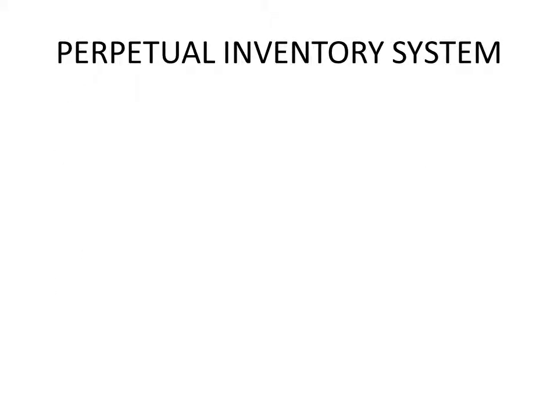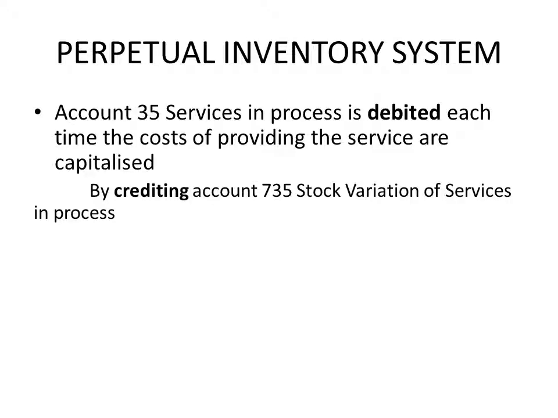In the perpetual inventory system, the first thing for us to do is to debit account 3.5 services in process each time the costs of providing the service are capitalized. This is done by crediting account 7.3.5 stock variation of services in process.